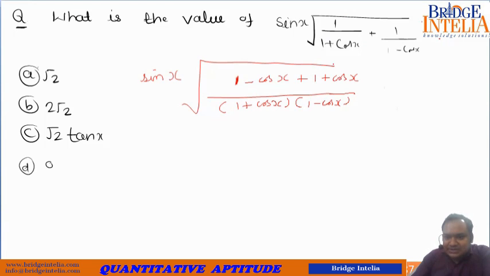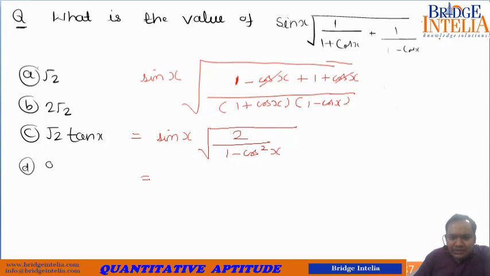Now it is taking shape. This cos x will get cancelled. So this becomes sin x into whole under root of 2 by, this is (a plus b) into (a minus b) form, so 1 minus cos square x. This can be further written as sin x whole into root under 2 by, now 1 minus cos square x is equal to what?